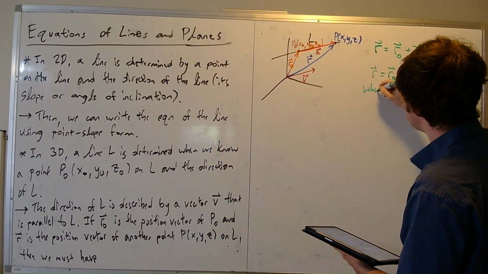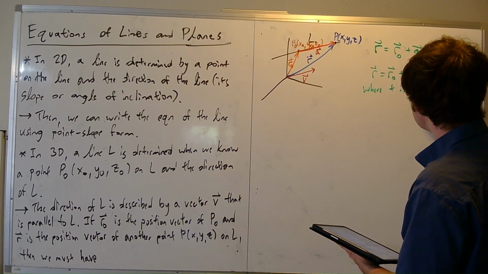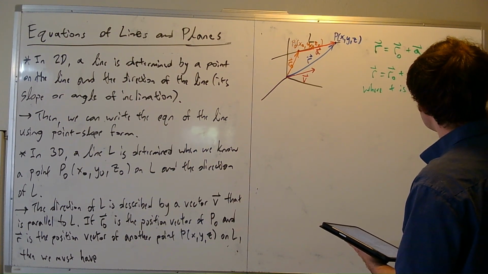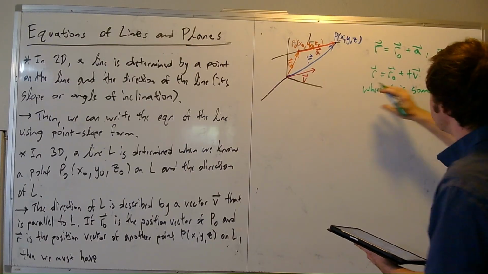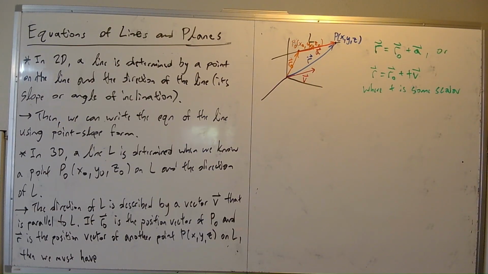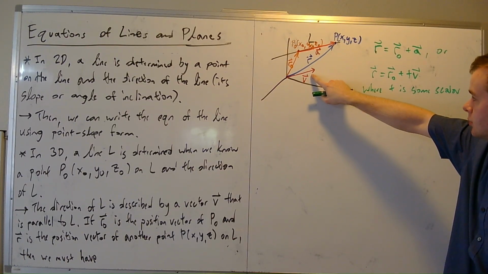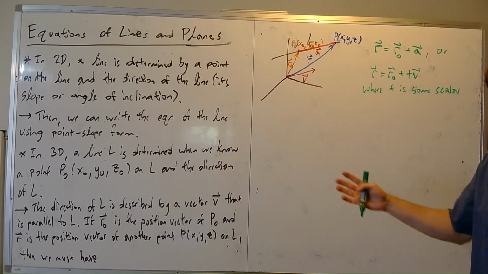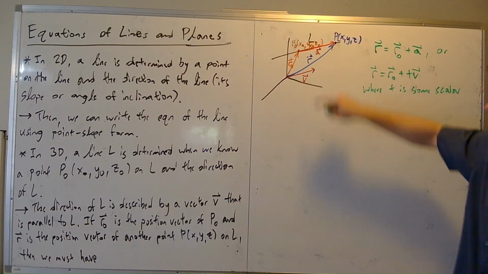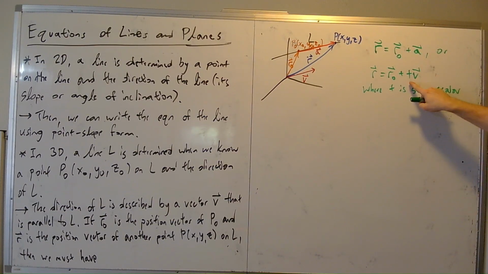where T is some scalar, right? So V we said was parallel to the line, so if you multiply this vector by some number, just scale it up by some amount, then you're going to get the vector A. So we can replace A with T times V, where T is a scalar. Okay, remember a scalar is just a number.